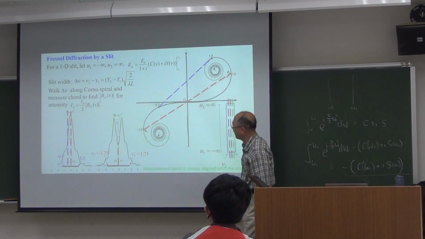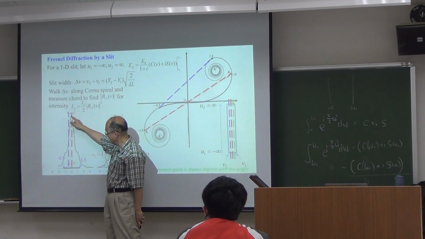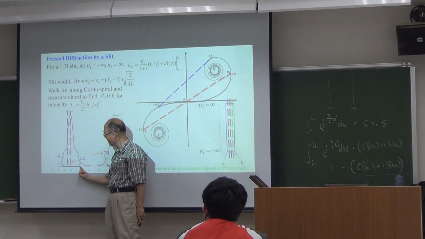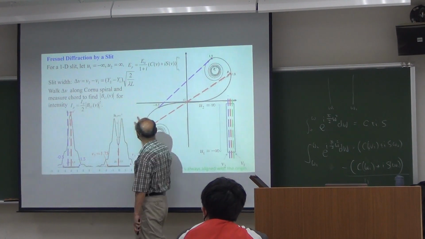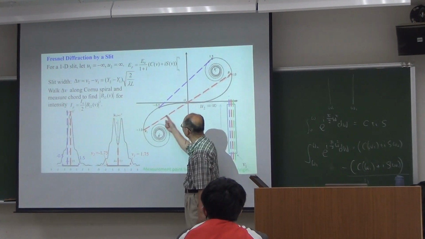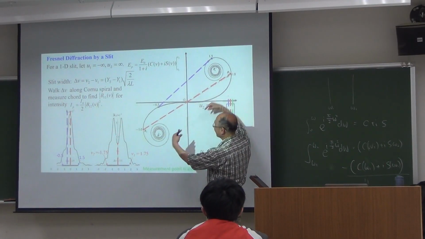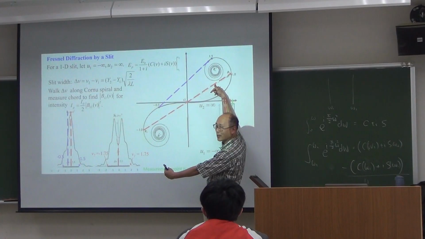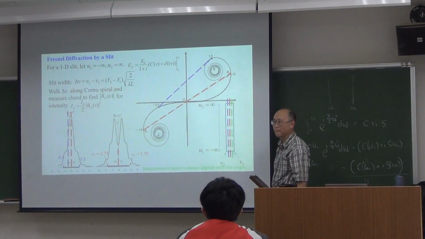So I figure out the intensity at this point because I integrate the field from -1 to 1. For -1, it's this vector. For +1, it's this vector, and they are aligned along the opposite direction. So when you do subtraction, the total length is this big.